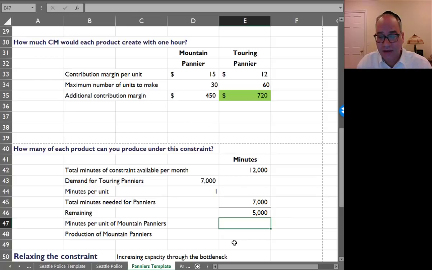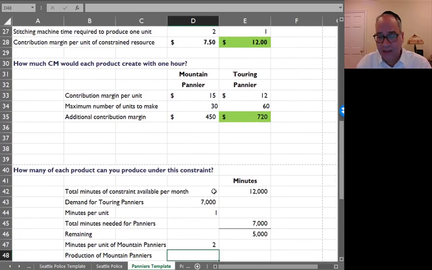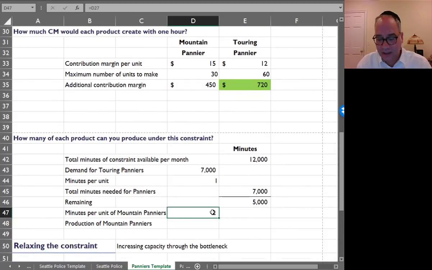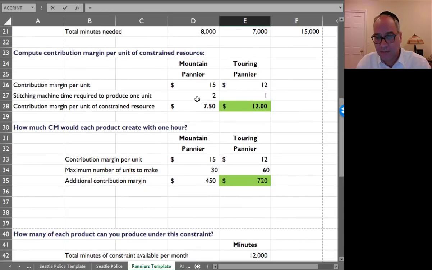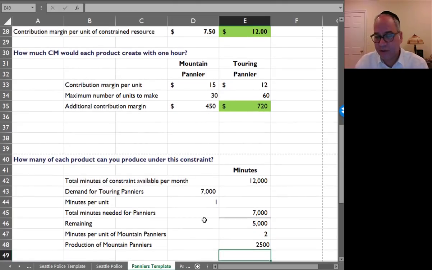Now I'm going to use that to make mountain panniers. The mountain panniers take 2 minutes per unit. I've got 5,000 minutes left, so that means I can make 2,500 mountain panniers.